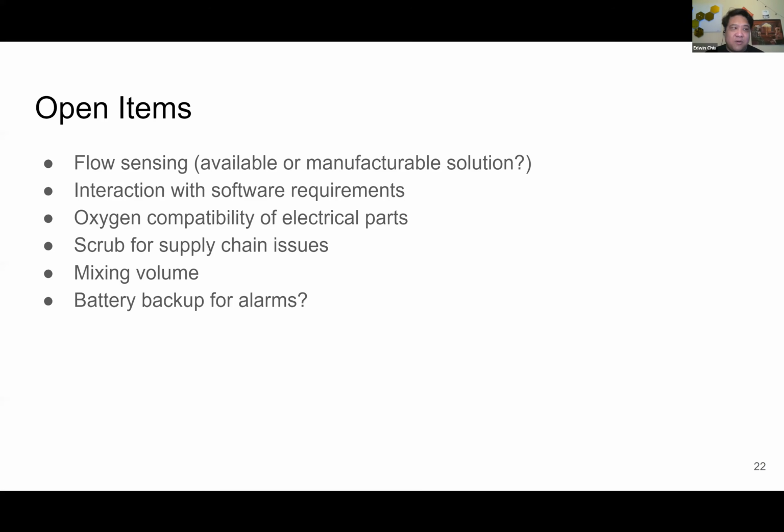We don't want to pick parts that there may only be 20 of in the world or that are hard to source or hard to build. The mixing volume and how we bring in oxygen is also still in the design process, and figuring out what level of battery backup we need for the alarms is still an open question. And again, the failure mode effects analysis is not a good way to judge that.